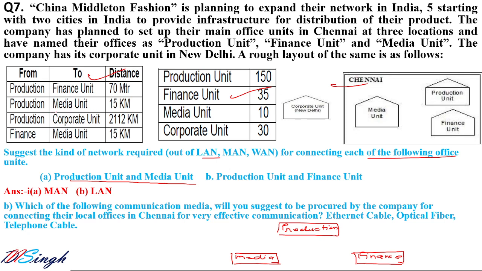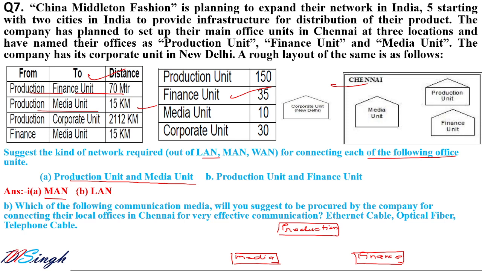Production unit to finance unit, fine, it is like 70 meters, local area network. But production unit to media unit, it is like 15 kilometers. So up to 10 kilometers or 5 kilometers we will go for LAN, above that we will go for MAN. So that is going to be the metropolitan area network.